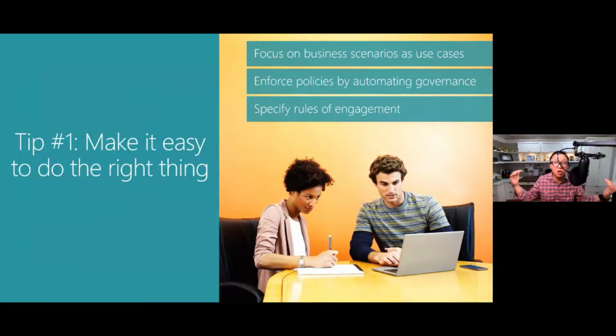You build in all the policies and the automation for provisioning, ongoing management and information lifecycle. That gives the user a better way and an easier way to use Teams correctly versus trying to remember all the things they have to do. Lastly, we specify the rules of engagement.